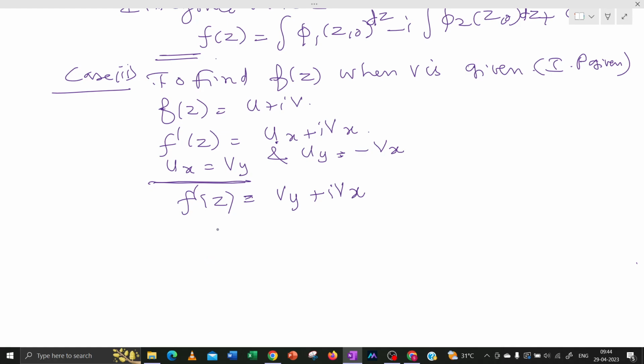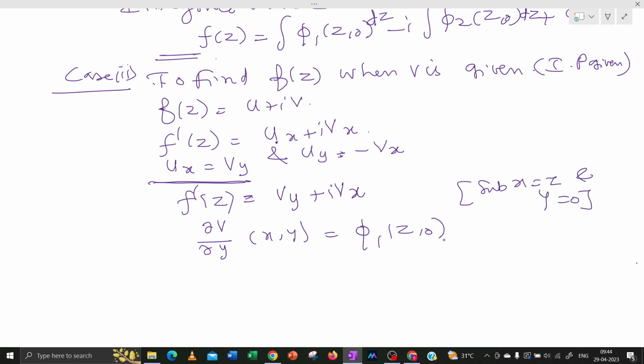So we can write dou v by dou y of x comma y as phi 1 of z comma 0. That means you have to substitute x equal to z and y equal to 0.